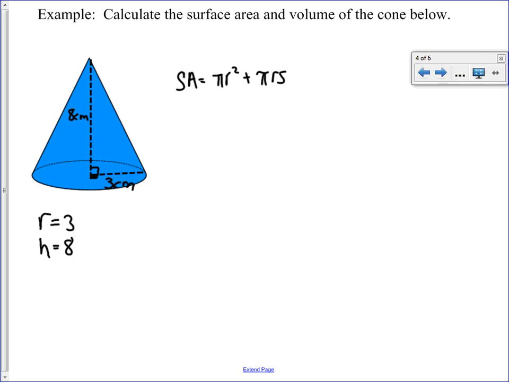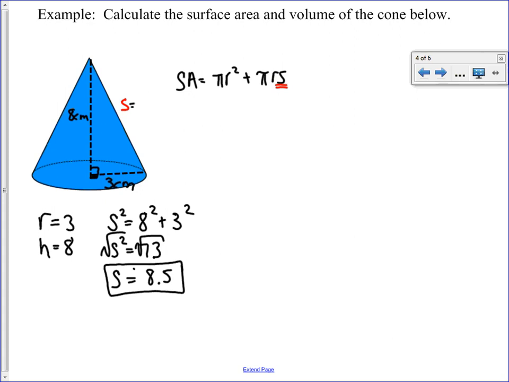What we don't have in this picture is our slant height. So in order to substitute that into the formula, we have to solve for s. We know that s squared is equal to our height squared plus our radius squared. So using our calculator, we find that s squared is equal to 73. If we take the square root of either side, we get that s is equal to approximately 8.5.